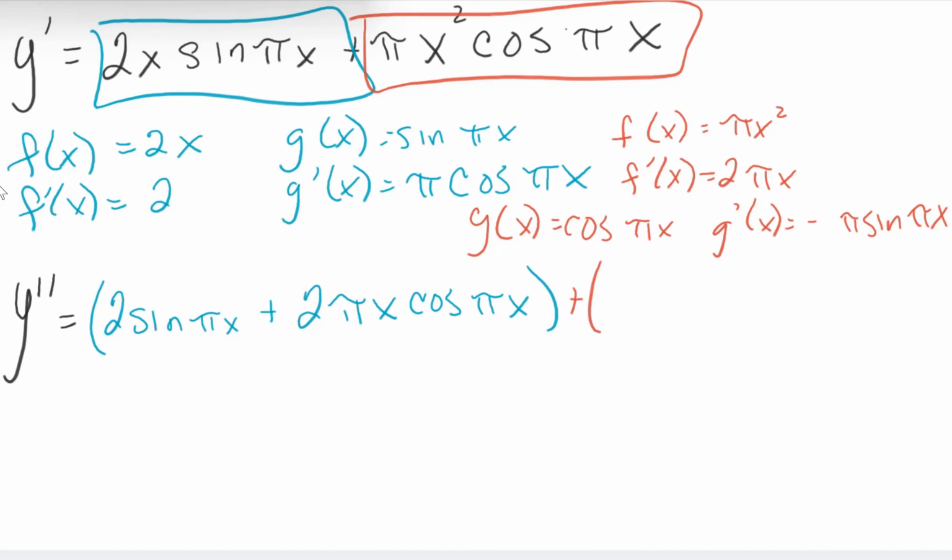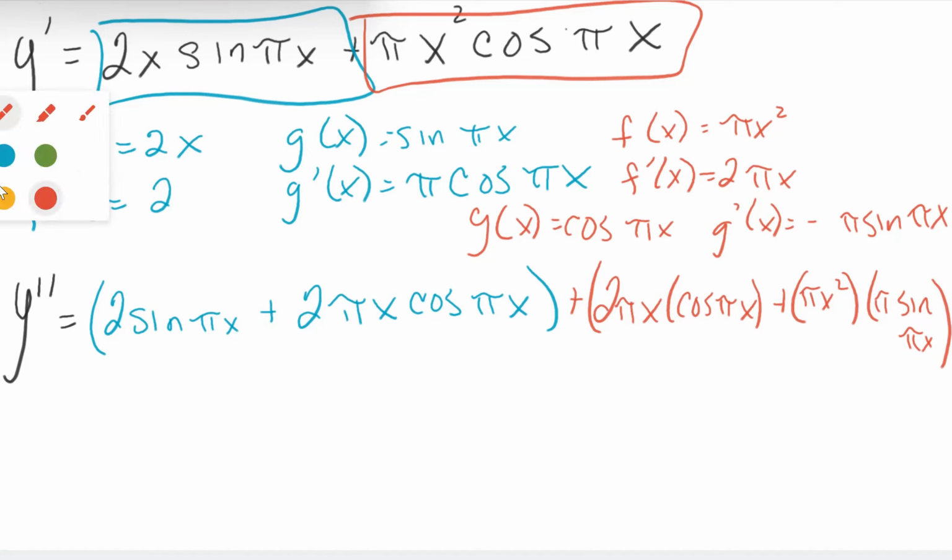So I've got 2 pi x times cosine pi x plus pi x squared times pi sine pi x. I'm going to clean it up though.